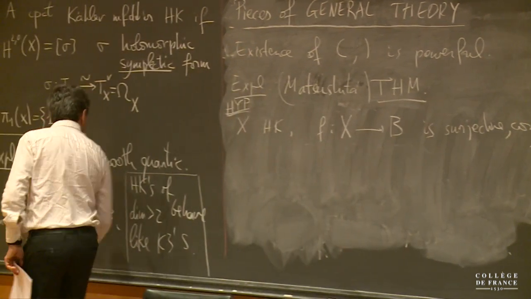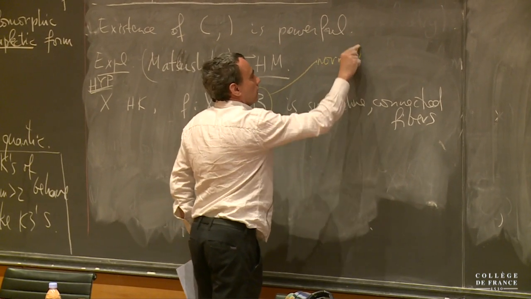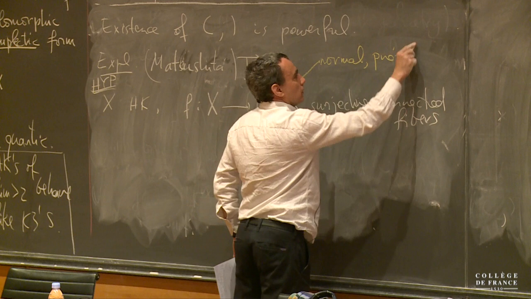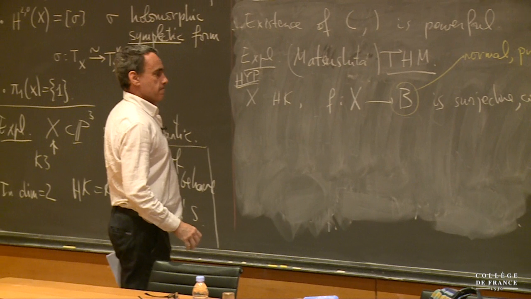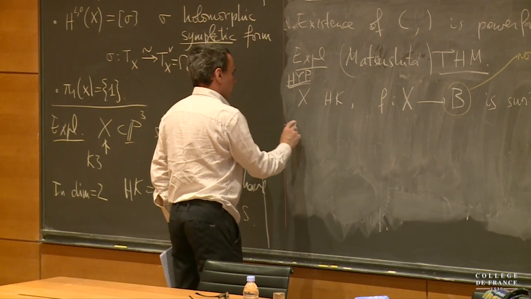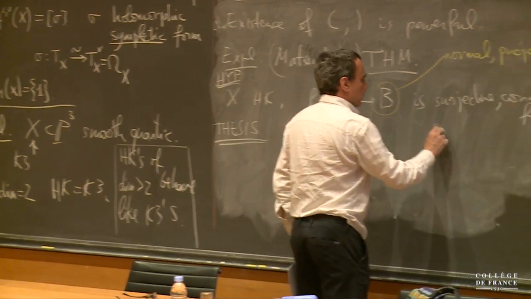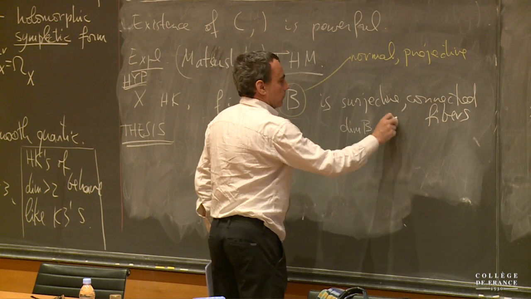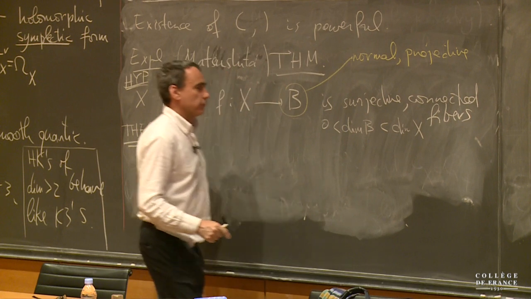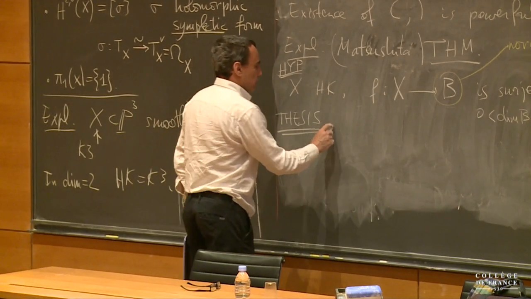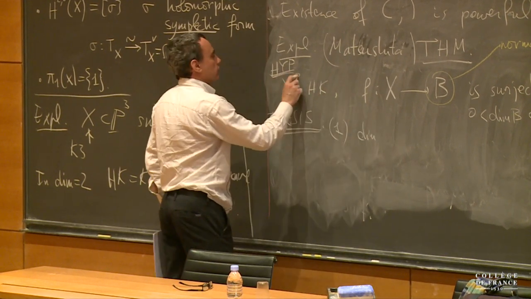Let's assume that B is normal. Let's assume it's projective. Then, I don't want B to be a point because I can't say anything, and I don't want it to have the same dimension as X. Let's say X has dimension 2n.